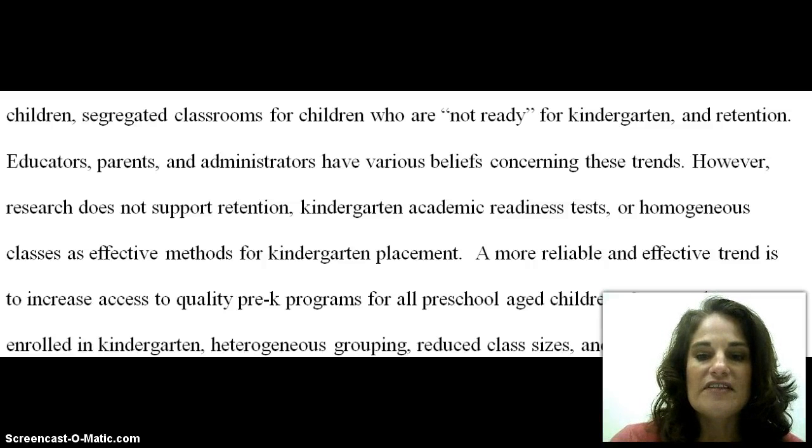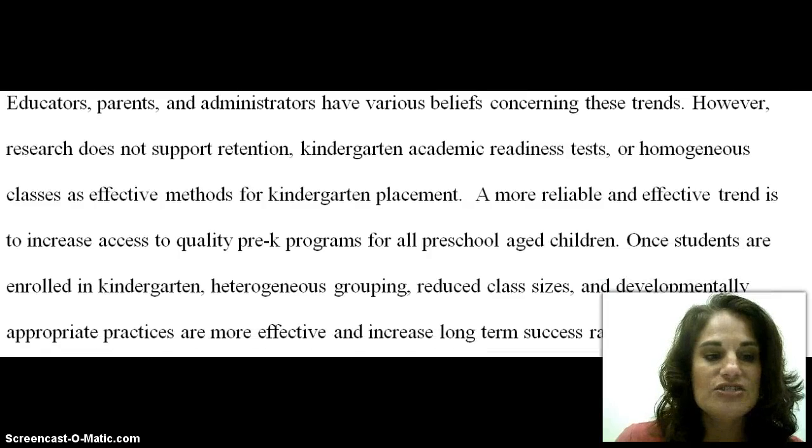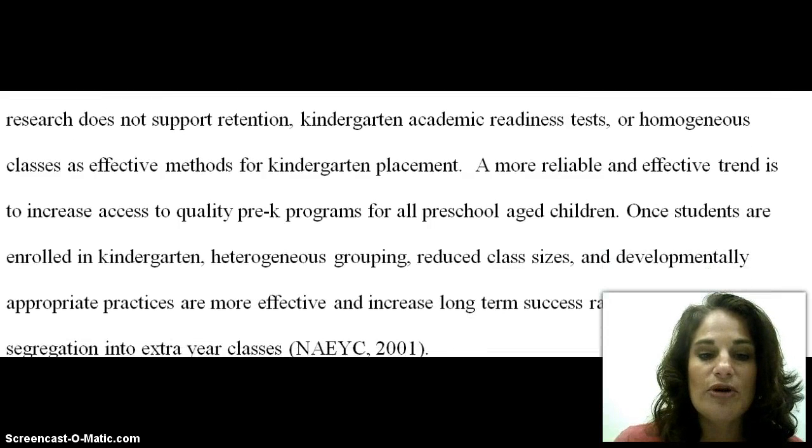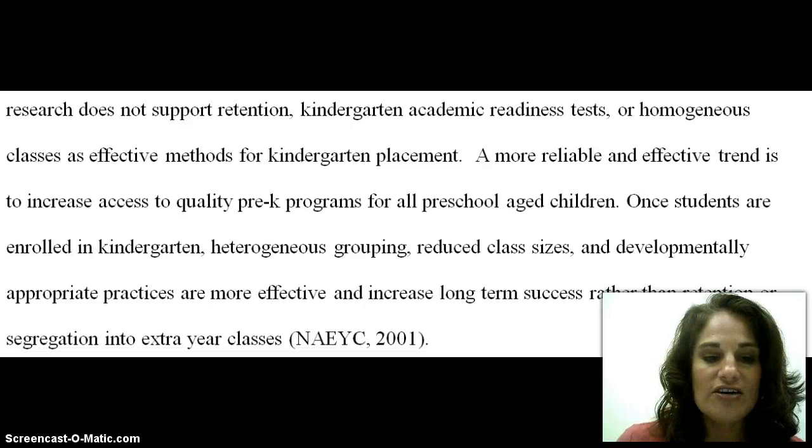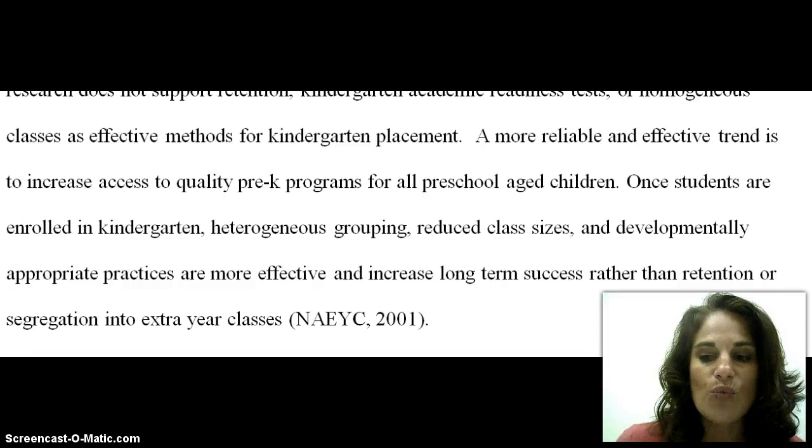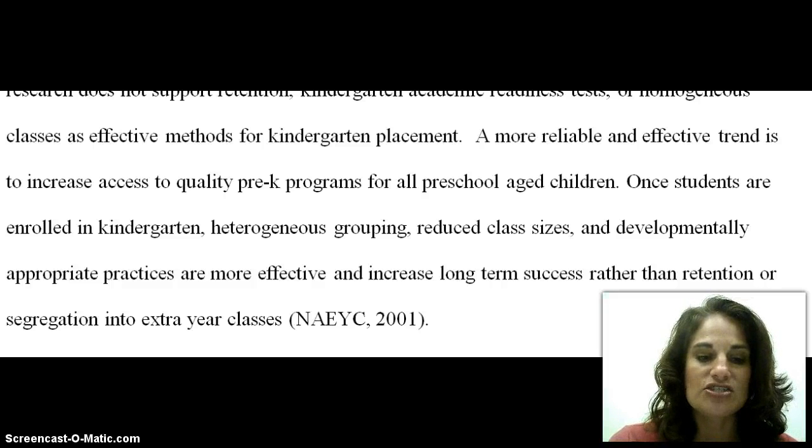And then I countered that with a possible solution. So it says, a more reliable and effective trend is to increase access to quality pre-K programs for all preschool-aged children. Once students are enrolled in kindergarten, heterogeneous grouping, reduced class sizes, and developmentally appropriate practices are more effective and increase long-term success rather than retention or segregation into extra classes.